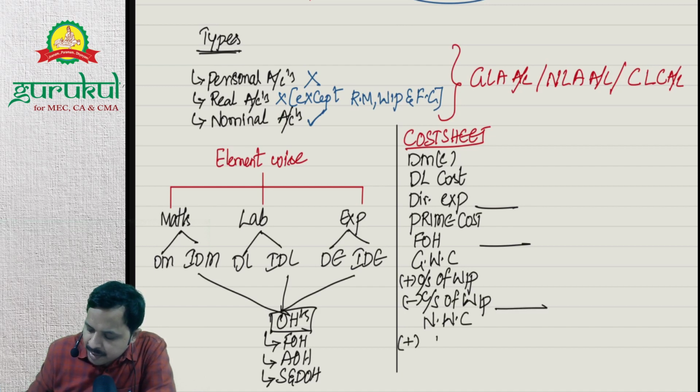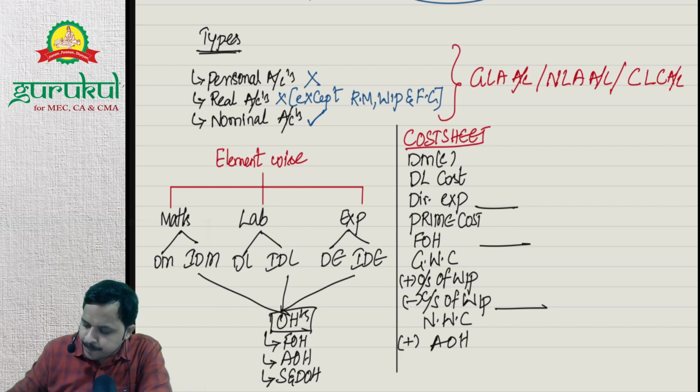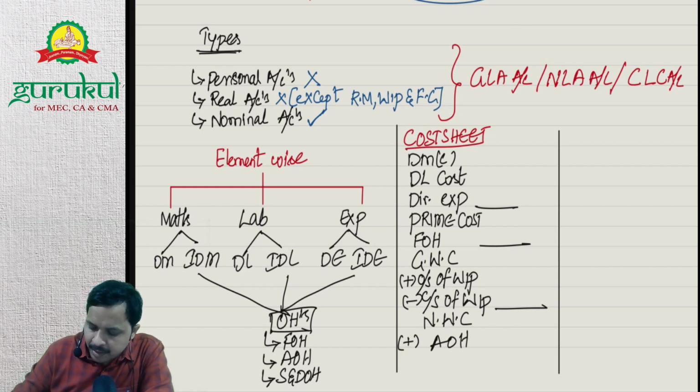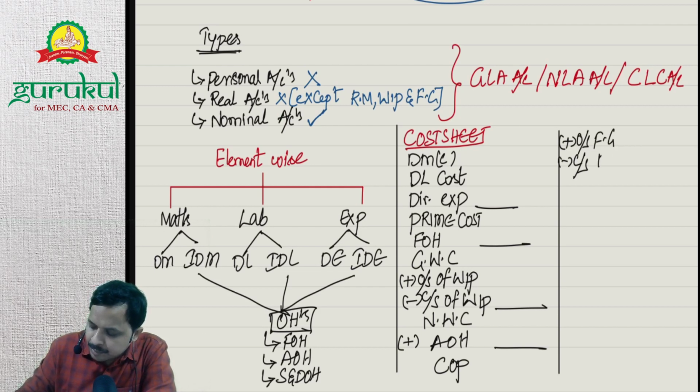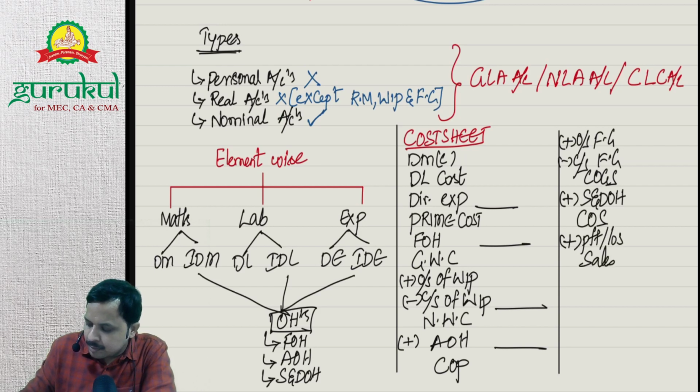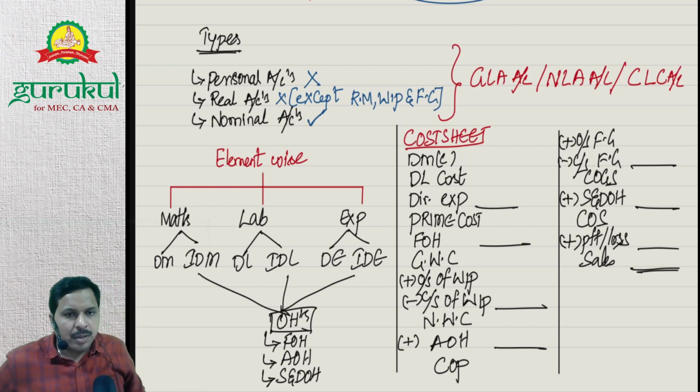Let us add administrative overheads. We arrive at the next total, for this we should add, minus, we arrive at the next total, plus, we arrive at the final total. So this is our cost sheet.